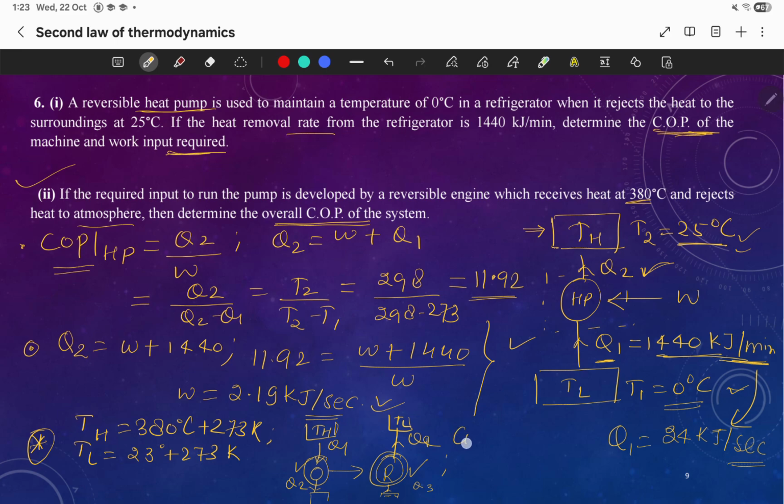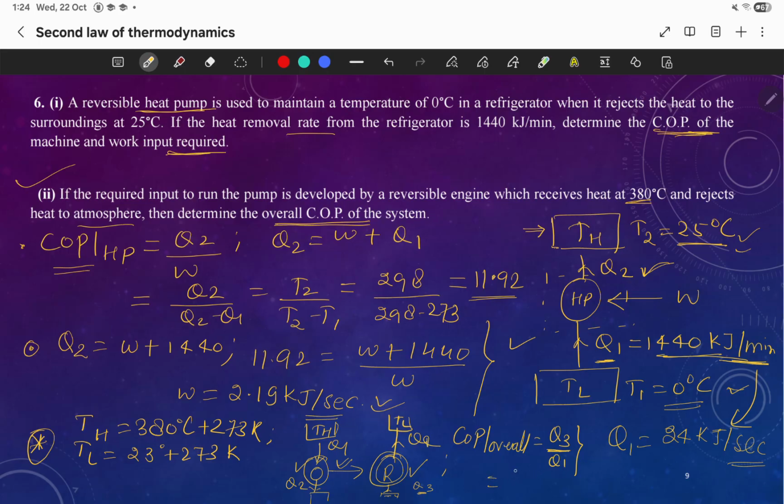So if we write the overall COP, we will get Q3 upon Q1. Just calculate from here.